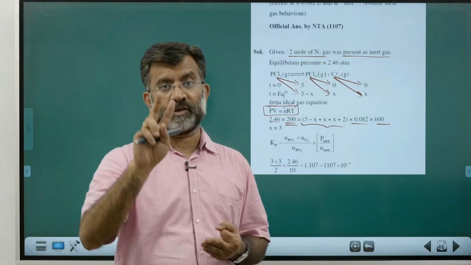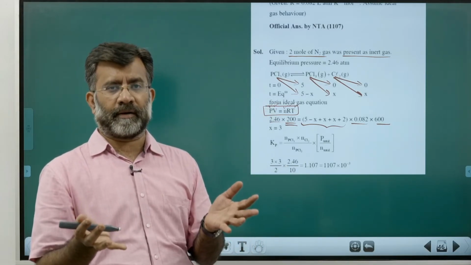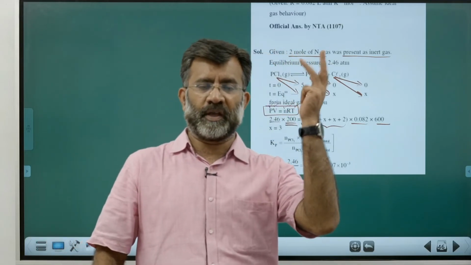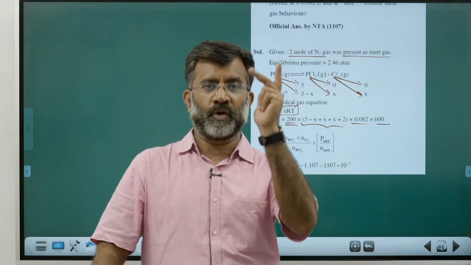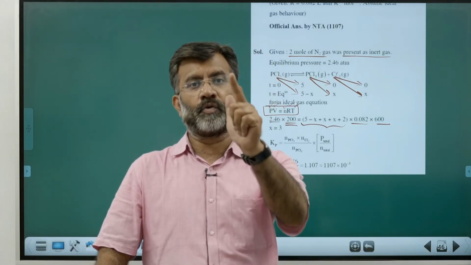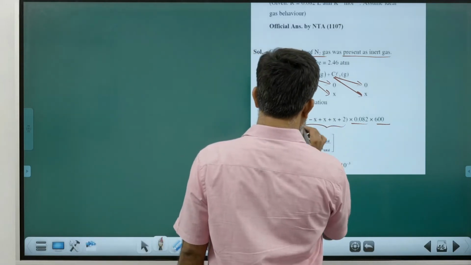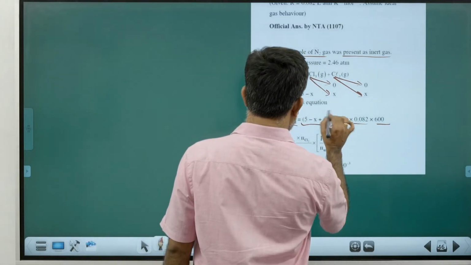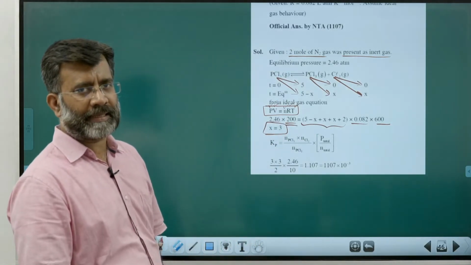So the total number of moles in the container is 5 minus X of PCl5, X of PCl3, X of Cl2, and 2 for nitrogen. All these data we know, so we can find out X. You will get X as 3.